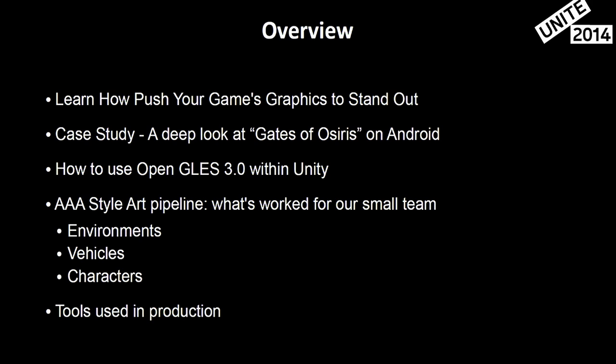Going to look at the OpenGL ES 3.0 within Unity, and that system gets you a lot of optimizations and some really cool things that you can turn on, like advanced shaders and whatnot within Unity, and I'll show you how to flip on all those switches. And then I'm going to get into the art of the game, specifically how we're building our environments, our vehicles, and our characters, and share with you a bunch of the tools that we're using in our production.